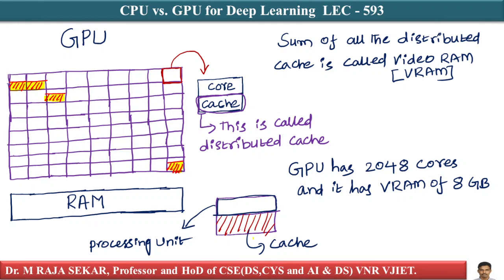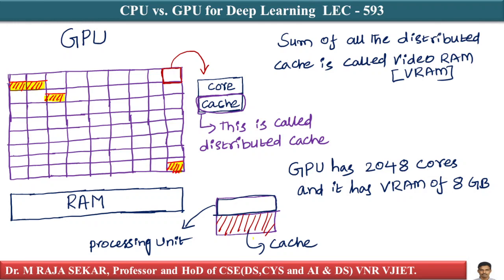Every core can operate on its corresponding data. If you observe, in each cell there is a core as well as data. That core can operate on the data available in its corresponding cache, very, very fast.